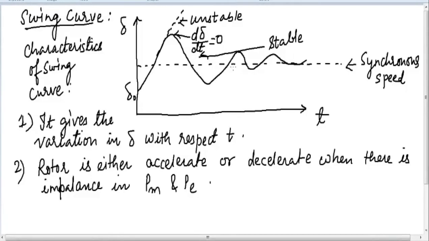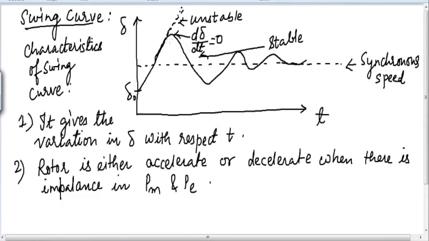So if our graph is coming downwards, then we call it a stable system, like from delta 0, that is the initial swing. After this initial swing, if our curve goes on increasing, then we say that our system has lost synchronism and has gone into the unstable state.